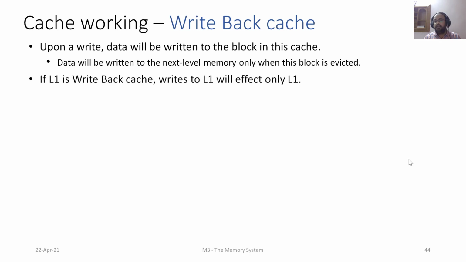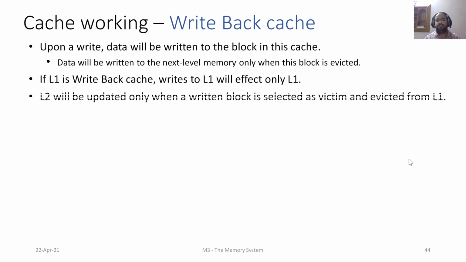So if L1 is a write back cache, writes to L1 will affect only the L1 cache. L2 will be updated only when this particular block to which data was written earlier is selected as a victim and is evicted from L1. Now, how to identify a block which is written and which is not written?